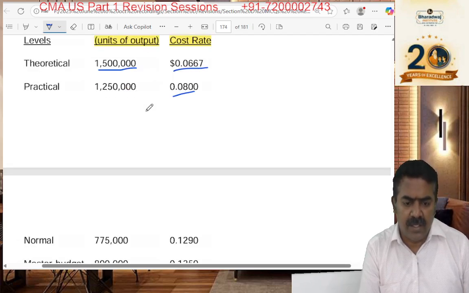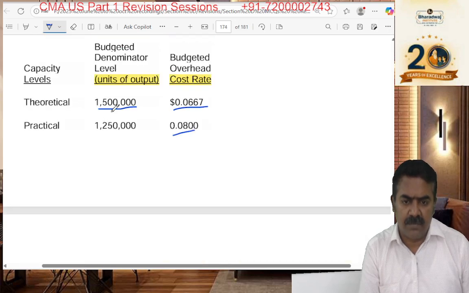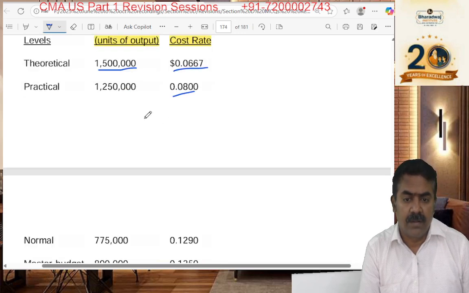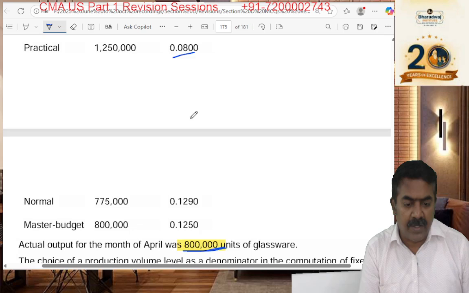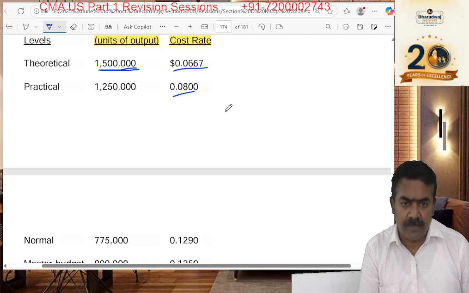This one, 15 lakhs minus 8 lakhs, 7 lakhs into 0.0667. 4,66,900. 46690.